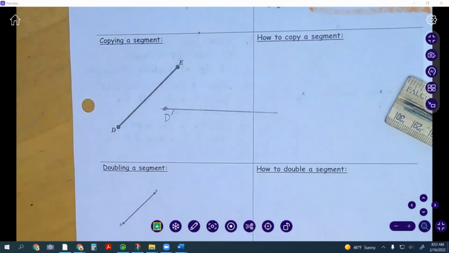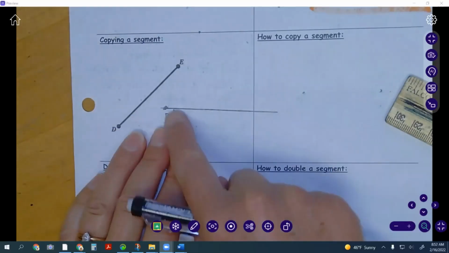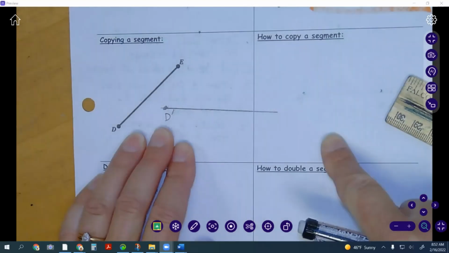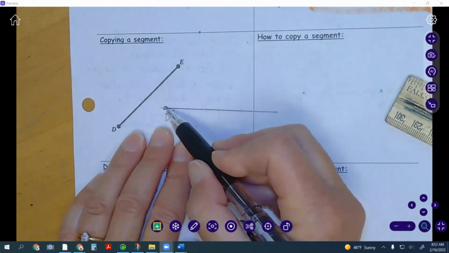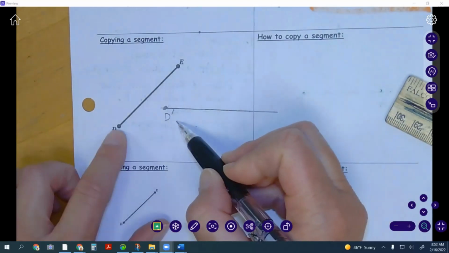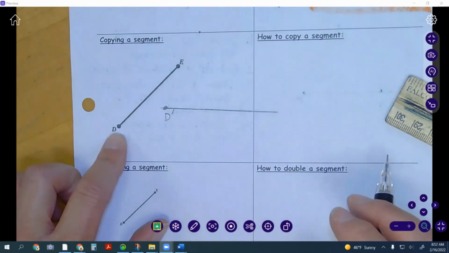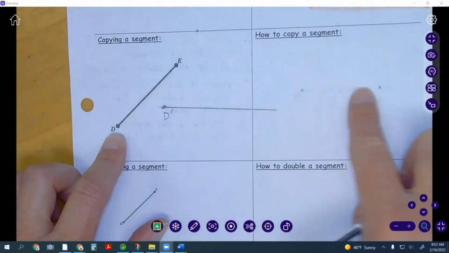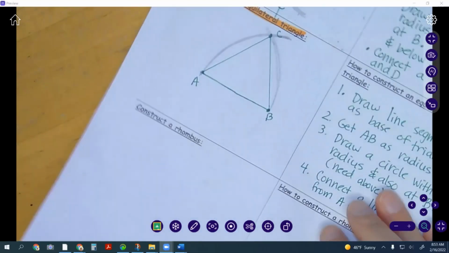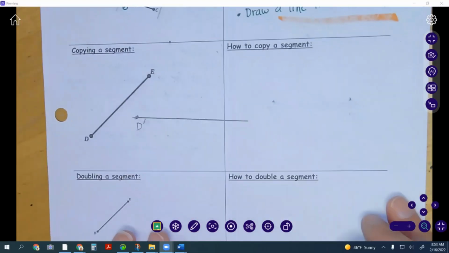Okay, that's going to correspond to the other D. First thing we're doing, again, for copying the segment, draw a line segment, make it longer than you need, okay? And then I just labeled one end D prime to correspond with this D. This is from the back side of my page, okay?